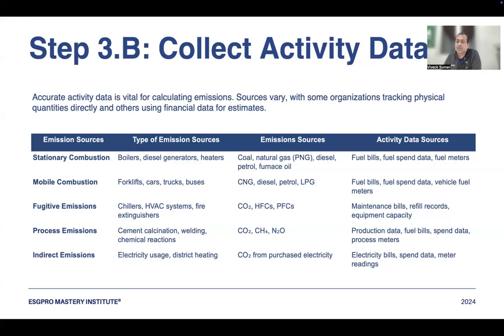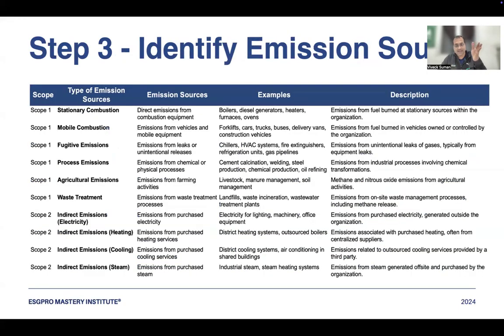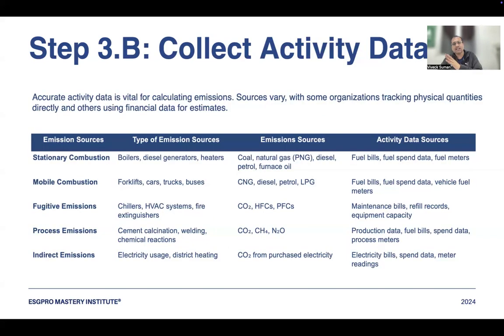Activity data could be common lighting, common desk chair connection, the maintenance staff, and the toilet bathroom water usage. All this could be a data point. I will find 100, not only 10, but I'm just giving you an idea of what is the emission source and what is the activity data.